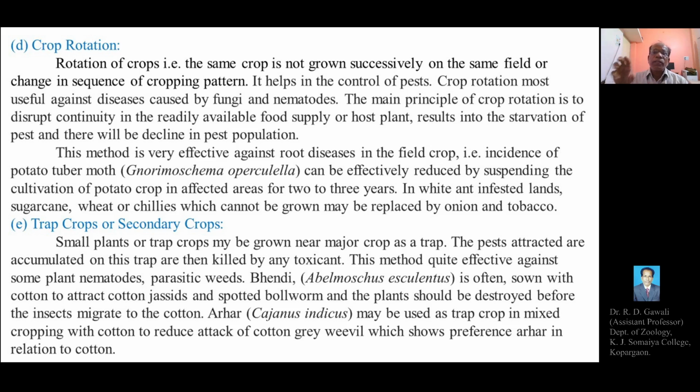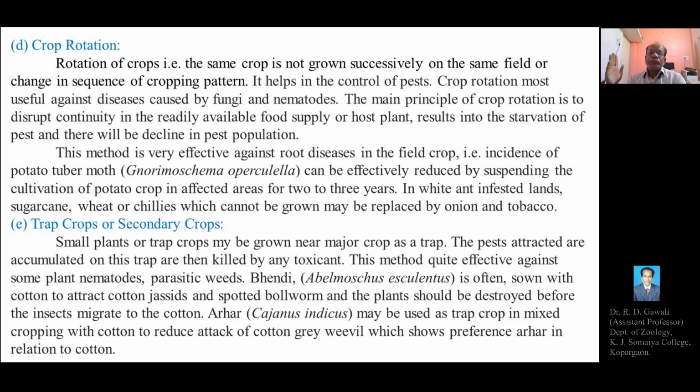So, small plants or the trap crops may be grown side by side near the major crop fields as a trap, and the pests attracted are accumulated on this trap crop and then are killed by any other chemical control measure or toxicant.